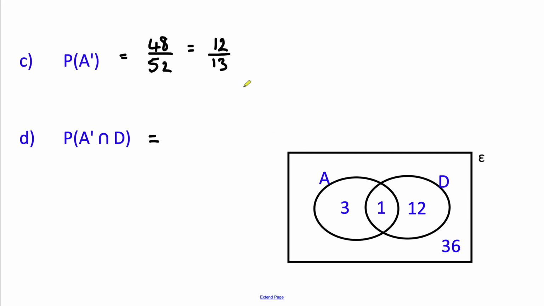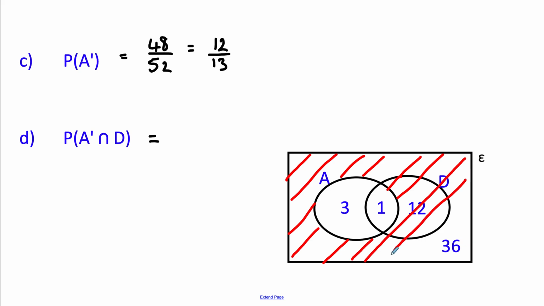Not A would be anything that doesn't include the circle on the left. So that's what I've shaded there. I've shaded not A. If I now shade D as well, so we shade what they want in the question.